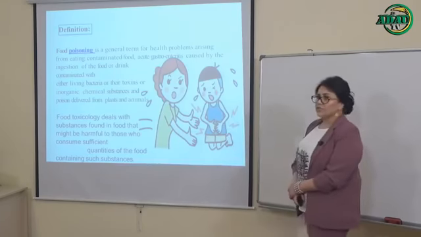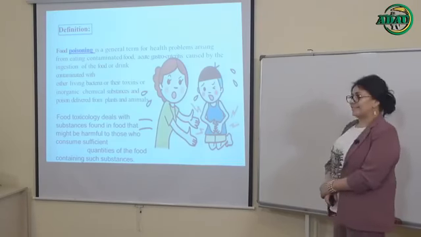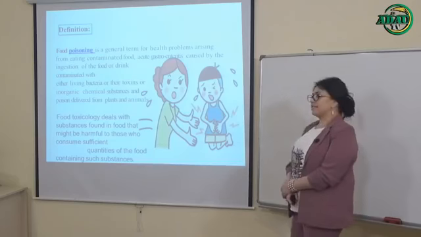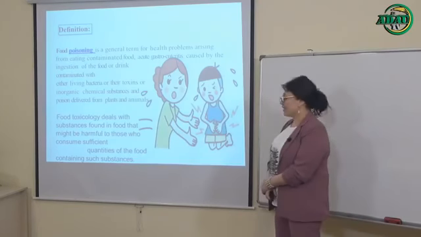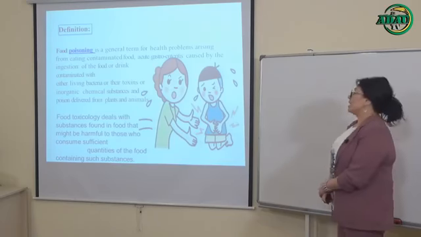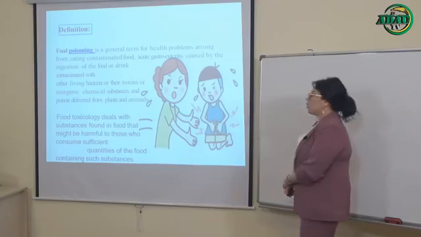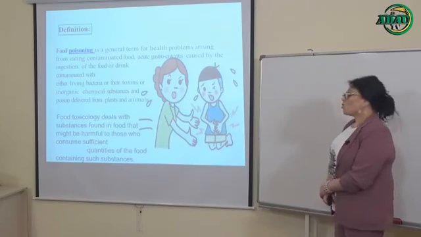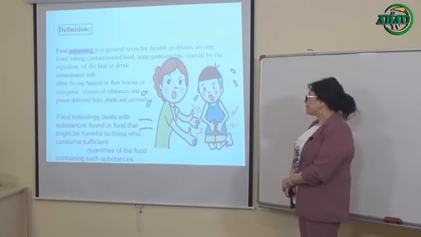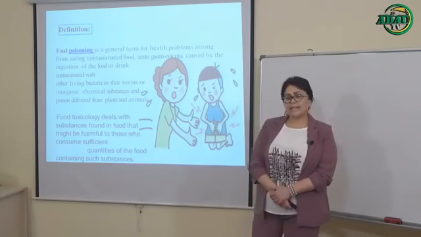The other definition can be acute gastroenteritis caused by the ingestion of food or drink. It can be water, it can be some other beverages contaminated with either living bacteria or their toxins, or inorganic chemical substances and poison delivered from plants and animals.